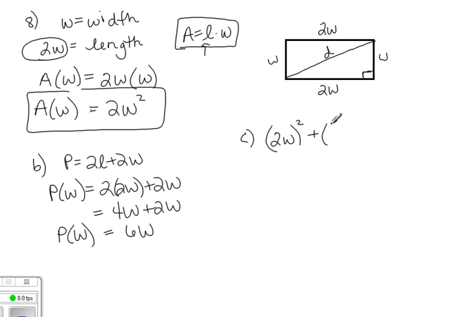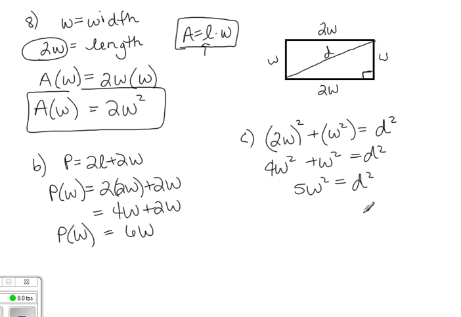So 2W squared plus W squared. Add them together, and that's going to give me the diagonal squared. So that would be 4W squared plus W squared equals the diagonal squared. So 5W squared equals the diagonal squared.